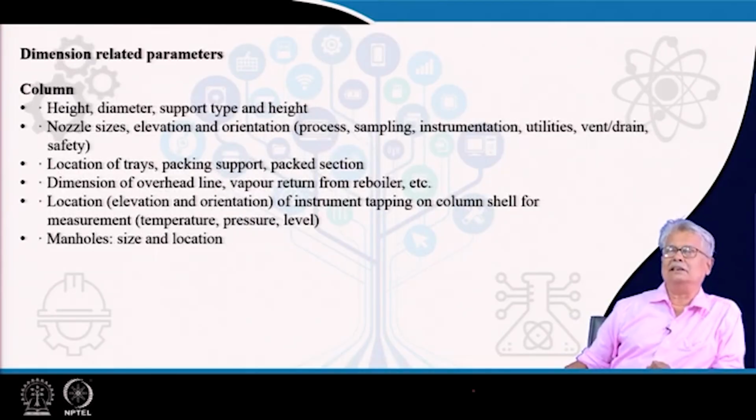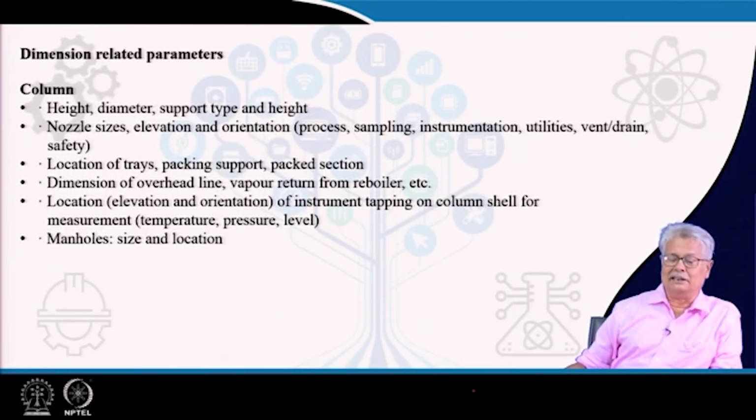When you are finally making a summary of the design, before that you have to give and generate all dimensional parameters which are listed here. This set of output is going to be the design basis, or rather the basis of drawing for making a fabrication drawing, which will be given to the fabricator for fabrication, and ultimately this will become your column itself.